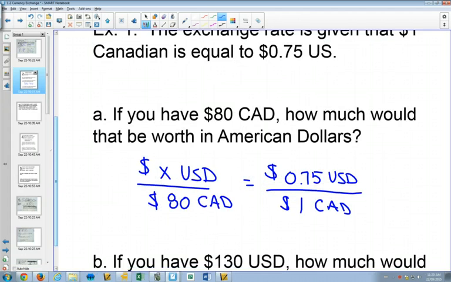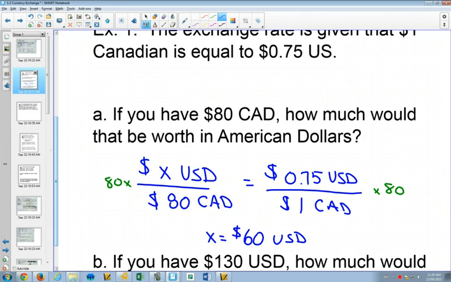So if I wanted to solve this for x, I'm dividing by 80, so I'd have to multiply both sides by 80. I'd go to my calculator, 0.75 divided by 1 times by 80. And you will get your $80 Canadian is only worth $60 US.